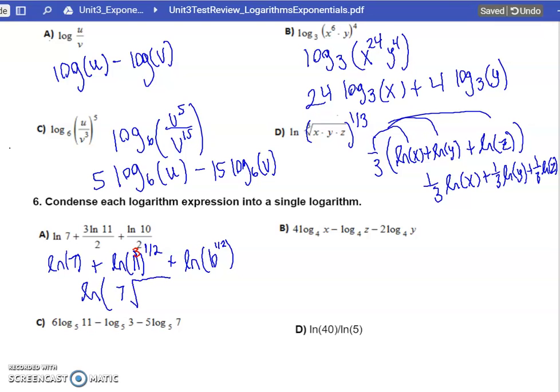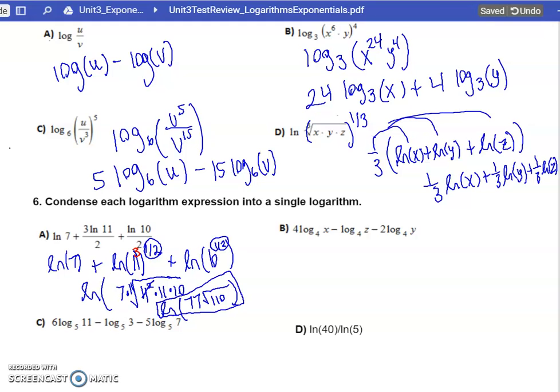So 7 root 11 cubed, which I can break up as 11 squared times 11 times 10. So that's all under the square root because all of that was part of this 1/2 exponent. Now the square root of 11 squared is just 11, so that can come out. And so that becomes ln of 7 times 11, which is 77, root 11 times 10, which is 110. And that matches with the answer key.